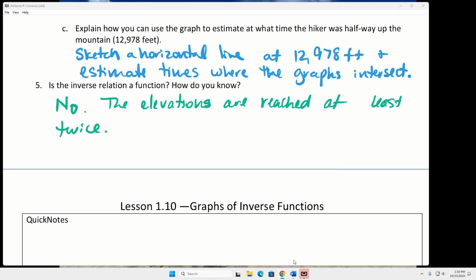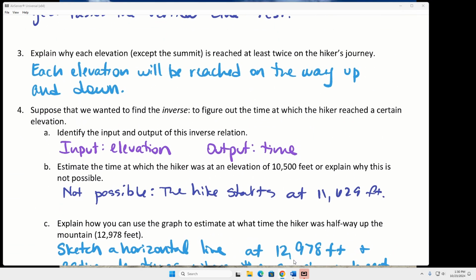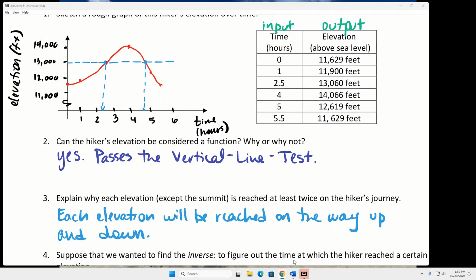Okay, have you guys ever heard of the horizontal line test? Probably in Algebra 2, yeah. So for the inverse to be a function, it's going to have to pass the vertical line test and the horizontal line test. So the vertical line test tests to see if it's a function. The horizontal line test tests to see if the inverse is a function.